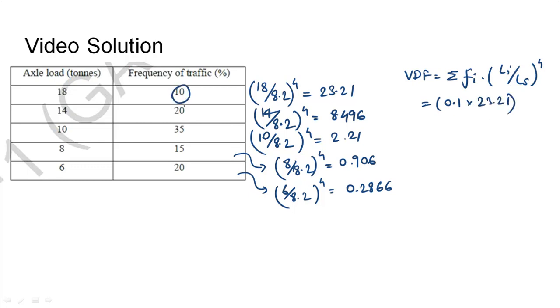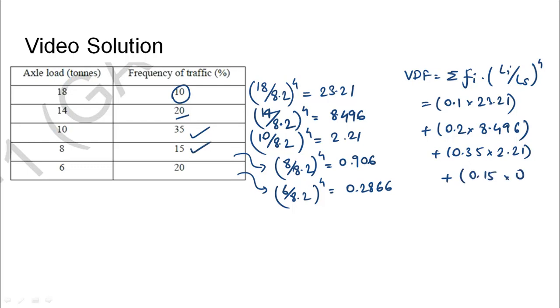We will convert these values into decimals, plus 0.2 into 8.496 plus 0.35 into 2.21 plus 0.15 into 0.906 plus 0.2 into 0.2866. This value would turn out to be 4.986.